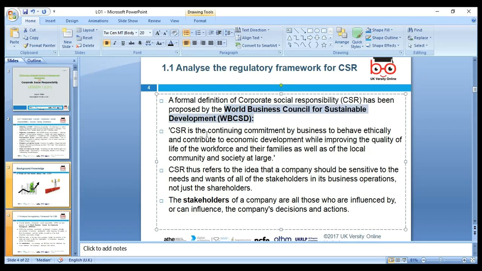CSR is a continuous commitment. It never stops. It is a regular commitment by business to behave ethically and contribute to economic development while improving the quality of life of the workforce and their families, as well as the local community and society at large.